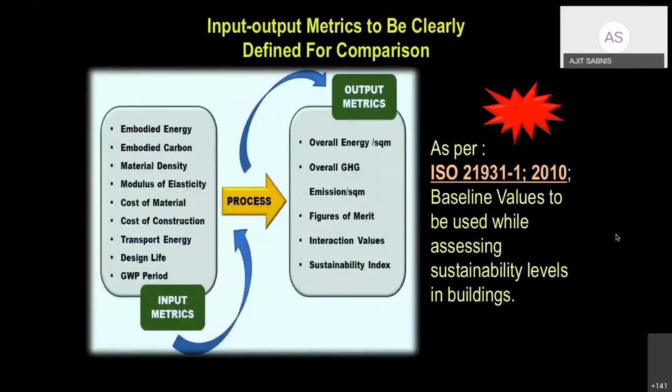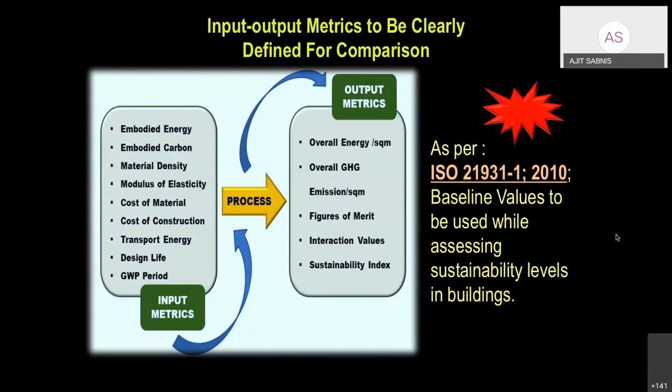Now, we talked about the input and output matrix which is to be used. As per ISO 21931, baseline values have to be used while assessing sustainability levels in buildings. Now, what are the inputs? There should be clarity. In this particular case study, embodied energy becomes an important input.